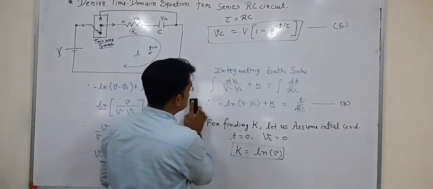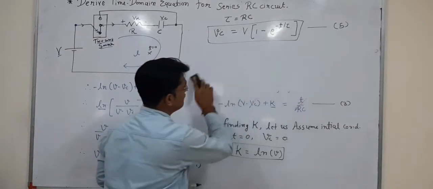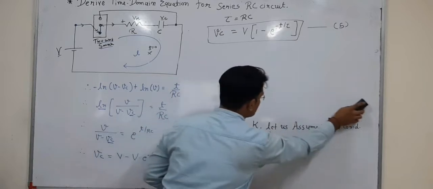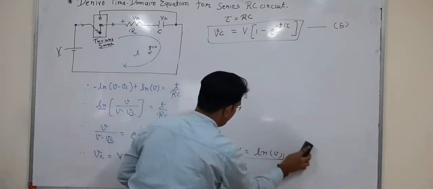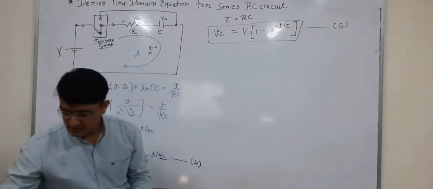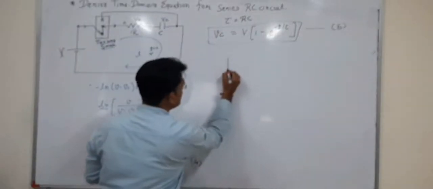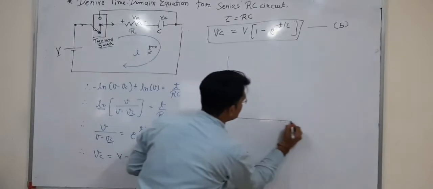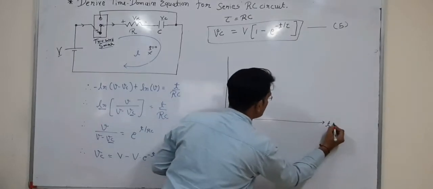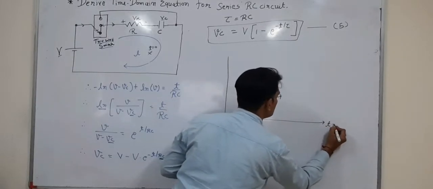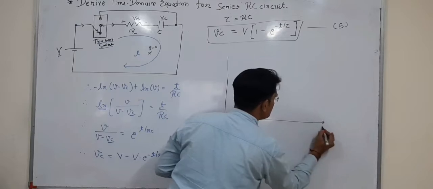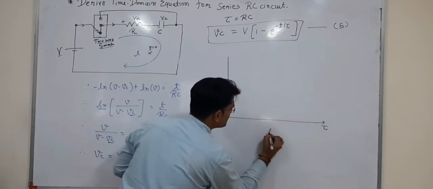So let me draw the graph for that. I am drawing the graph for the capacitor charging. On the x-axis I am taking time t or time constant tau, and this is the time axis.